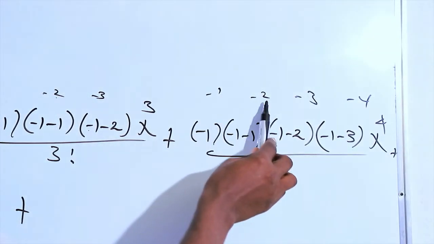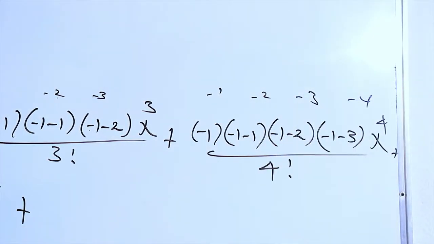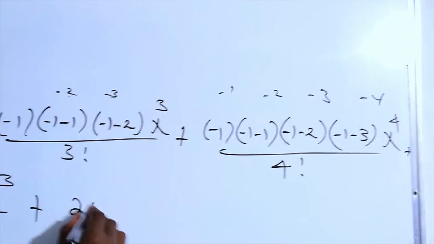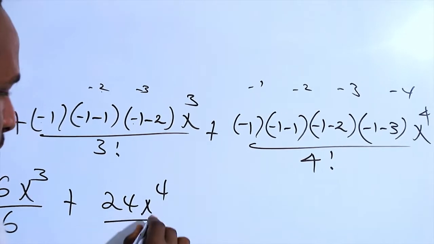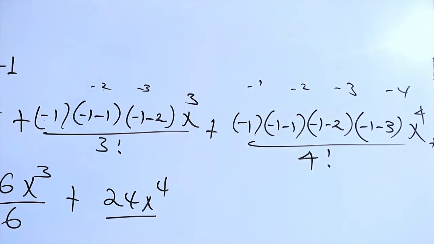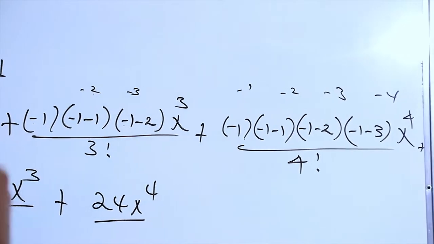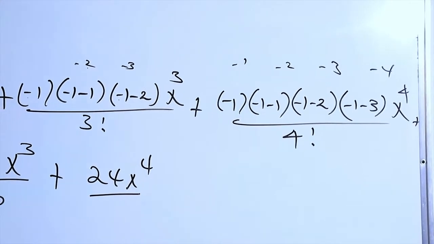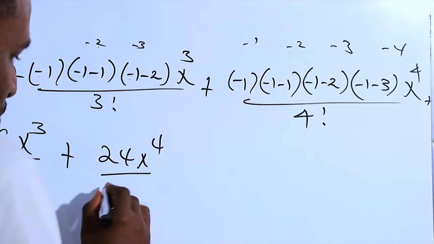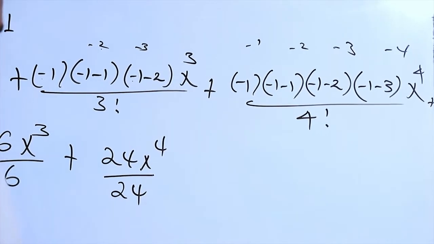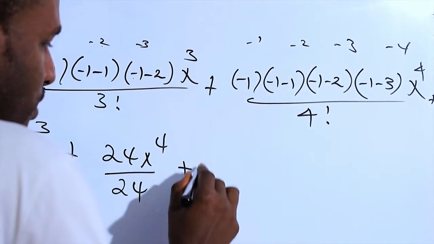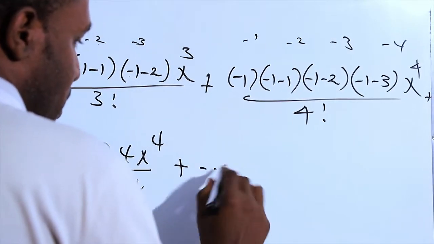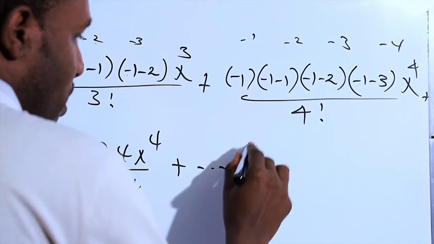So minus 1 times minus 2 times minus 3 times minus 4 is 24, so 24 x to the power of 4 over 4 factorial. But we know that 4 factorial means 4 times 3 times 2 times 1, which is also 24, plus x to the power of n.